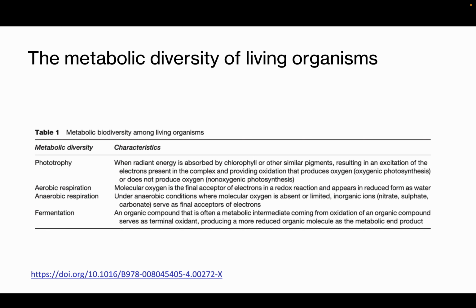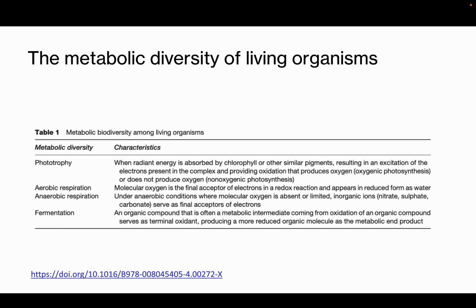Then we introduce different living organisms according to their metabolic diversity, in relation to the primary biosynthetic pathways on energy production and sugar breakdown, sugar oxidation.